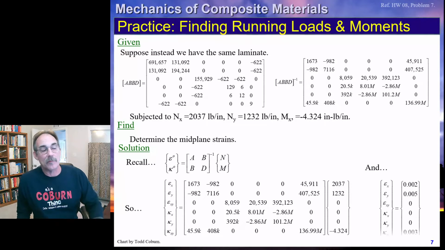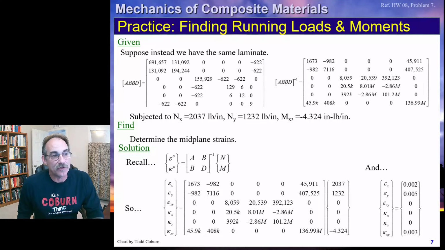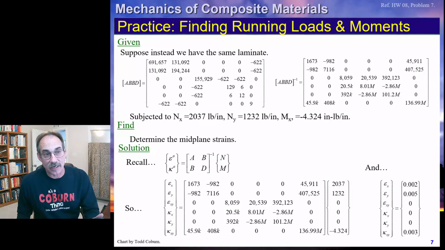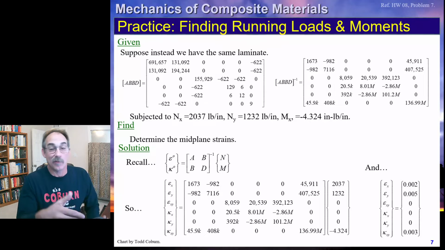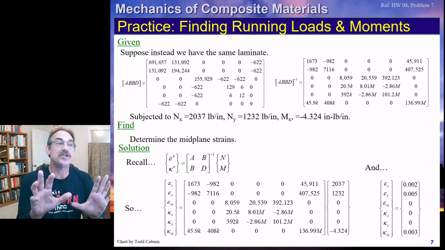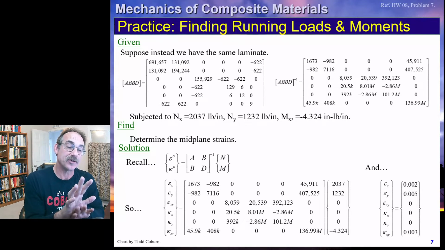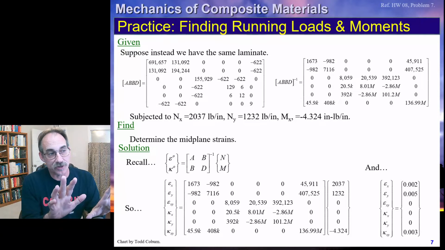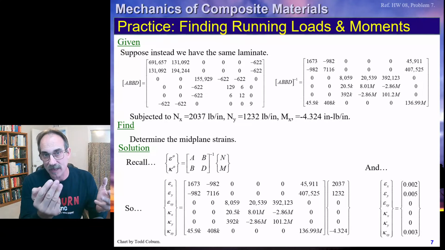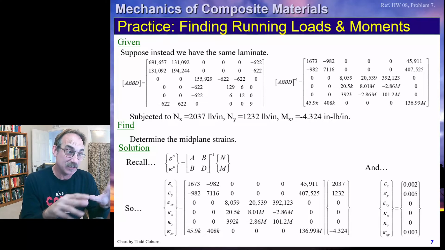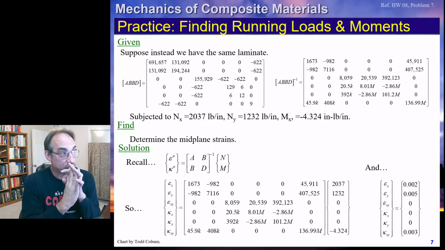And when we perform that multiplication, we find out the strains. Now, in the last problem, we were given these strains and we calculated running loads. In this problem, we're given the running loads and we're calculating the strains. We wouldn't go back and forth like that, but this is just showing you one way these equations are used and the other way these equations are used. And since we used the same values, we see that these match and give you the same results.